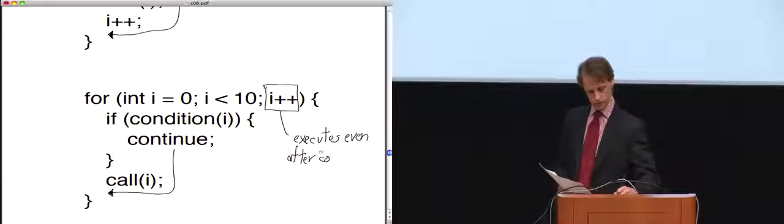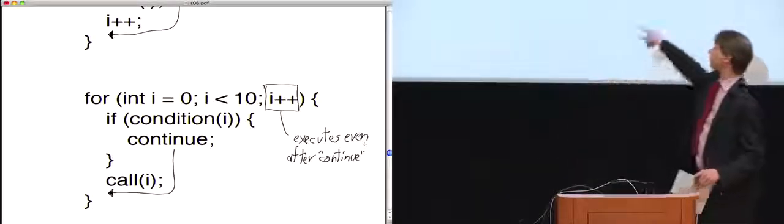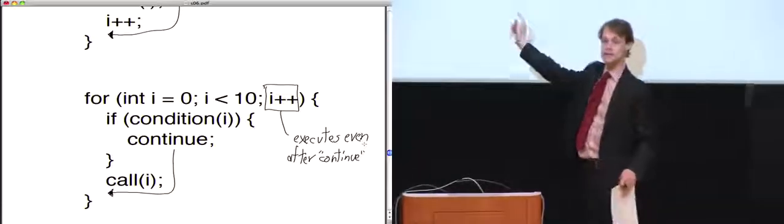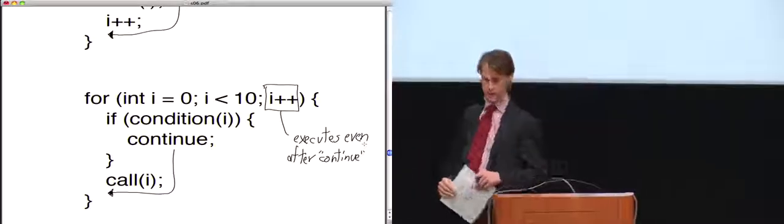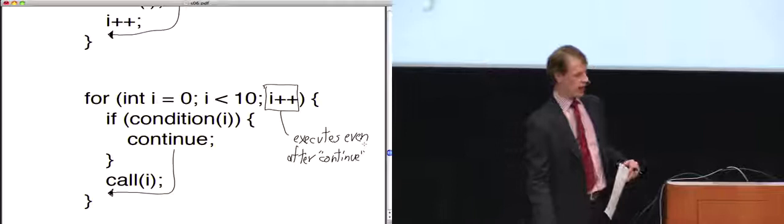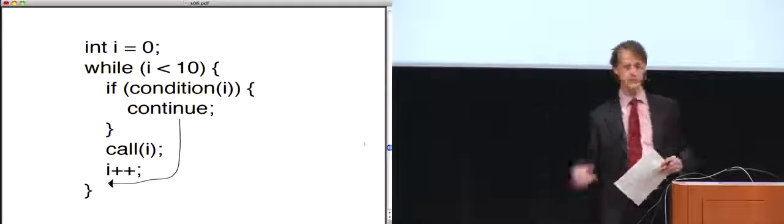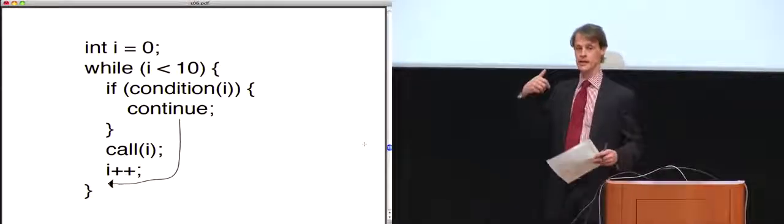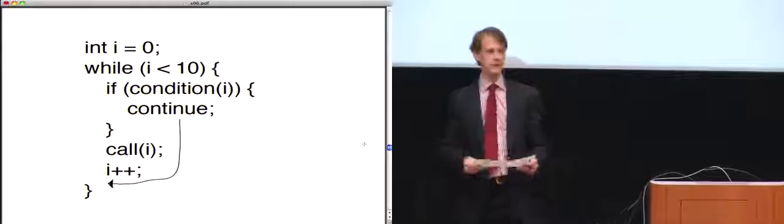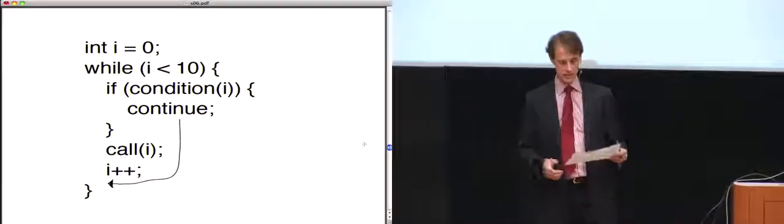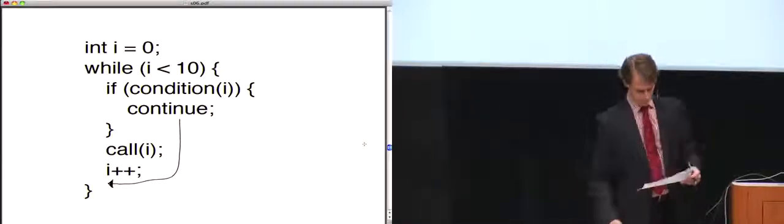So these two loops are actually not equivalent, because the for loop will do an I++ immediately after the continue statement is executed, but the while loop will not. The while loop skips right over the I++ and doesn't do it. That's the one difference between this kind of for statement and this kind of while.